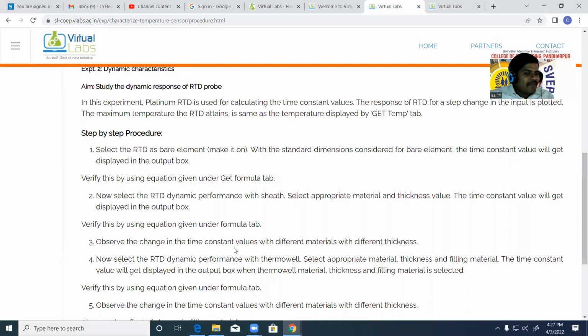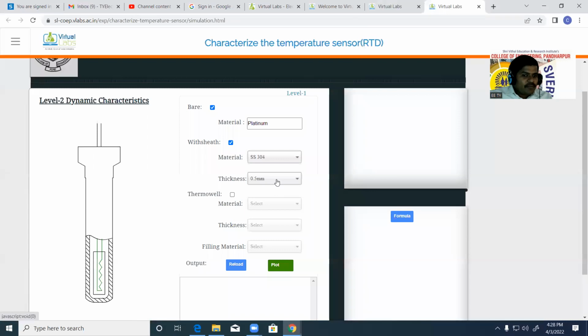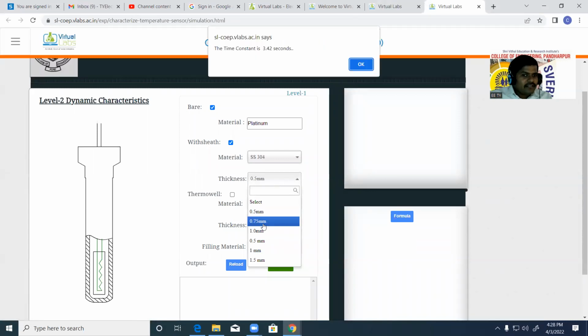Observe the change in the time constant value with different material with different thickness. ओके, परत मटेरियल चूज करून आपण टाइम कॉन्स्टंट ऑब्झर्व्ह करू शकतो. म्हणजे मी SS 304 मटेरियल चूज केलं, थिकनेस 0.5 mm चूज केला, थिकनेस चेंज करून मटेरियल चेंज करून, suppose I am selecting this thickness, time constant will be changed, right? Again I am selecting the thickness of that material.